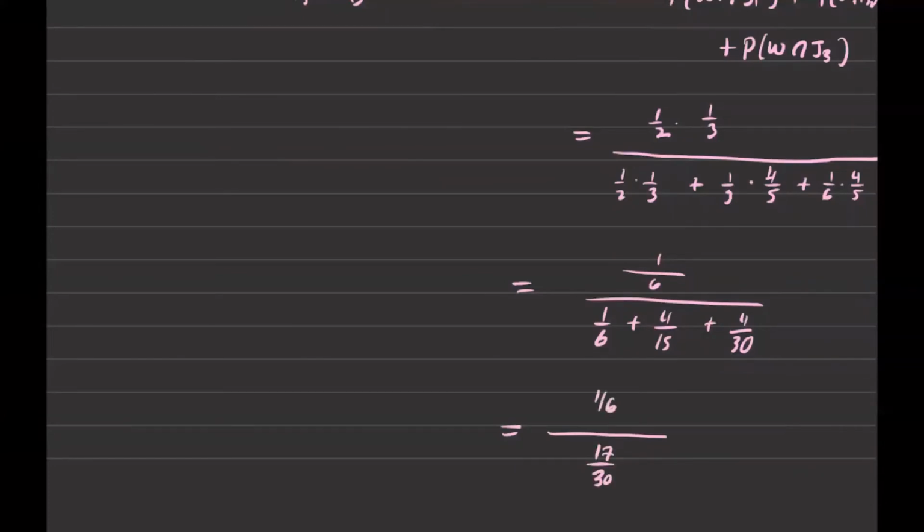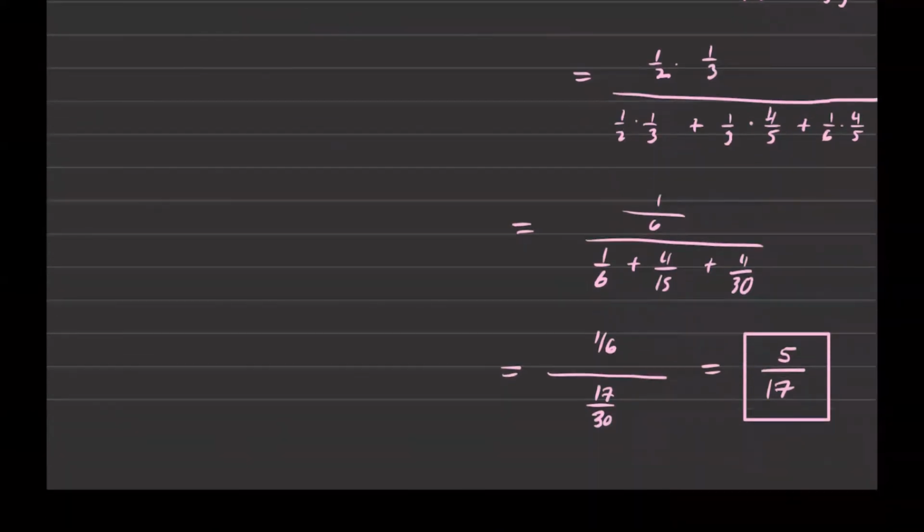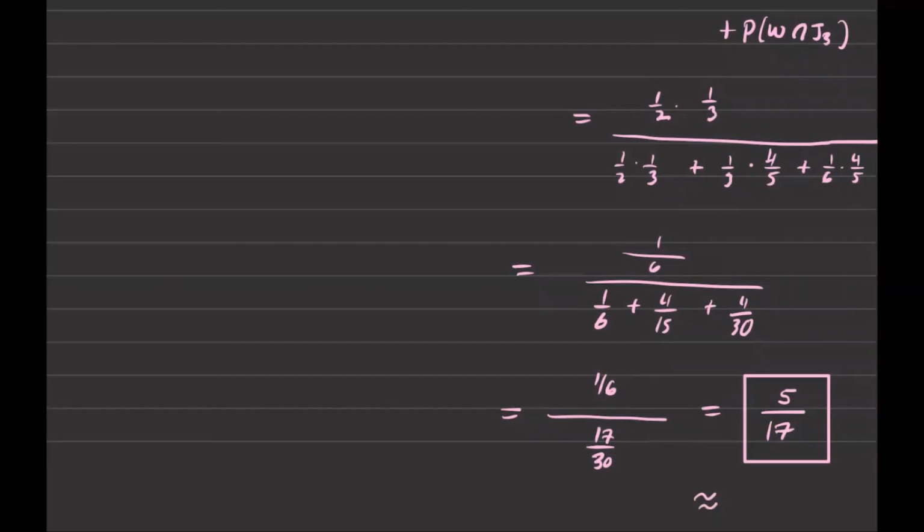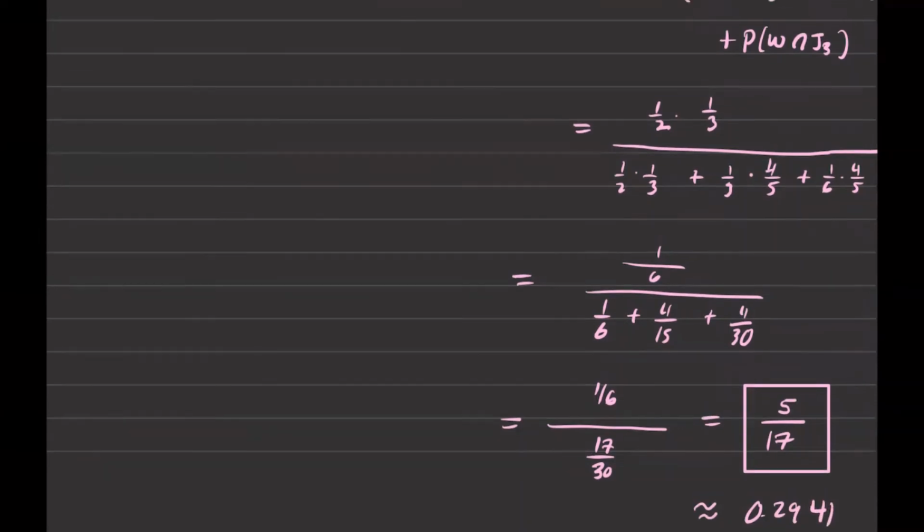With 1/6 on the numerator, if you simplify this, this is 5 over 17. That's the fractional value for this probability problem. In decimal, 5 over 17 gives you about 0.2941. So that's the answer to this problem.